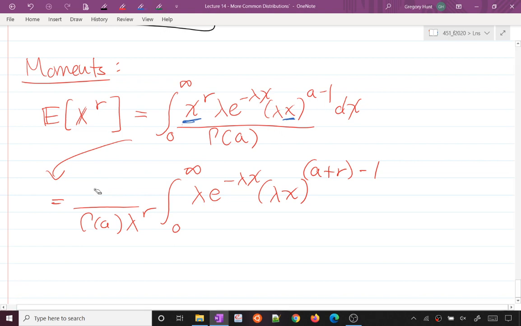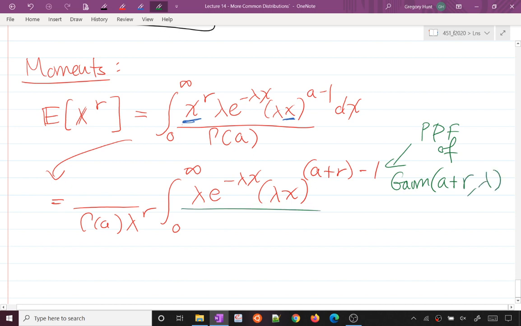And this almost is the PDF. What I want to make this is the PDF of, instead of a, before we had gamma of a plus 1, now we're going to have it as gamma of a plus r. In order to make it the PDF of gamma of a plus r, I need in my basement a gamma of a plus r. Now that is really that PDF, but of course I need to multiply by gamma of a plus r on the top here, just to cancel it out.